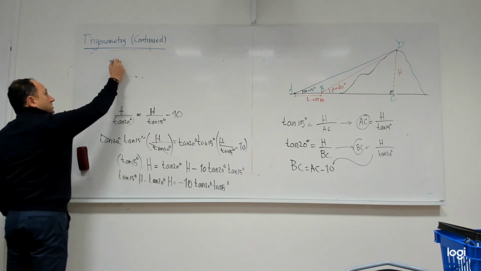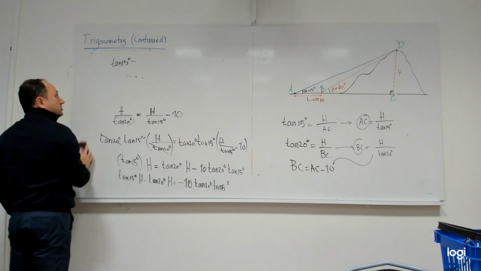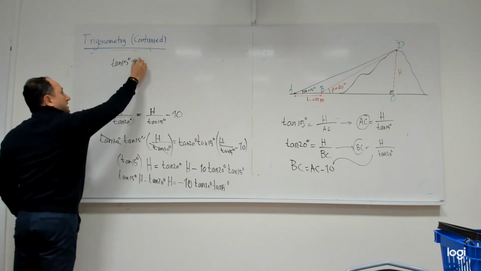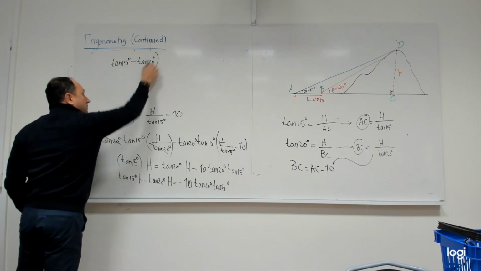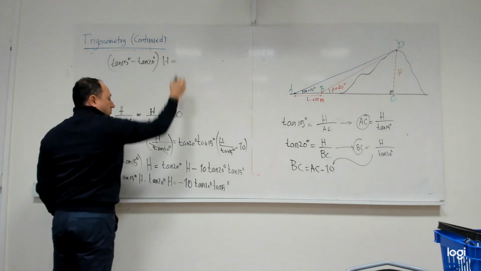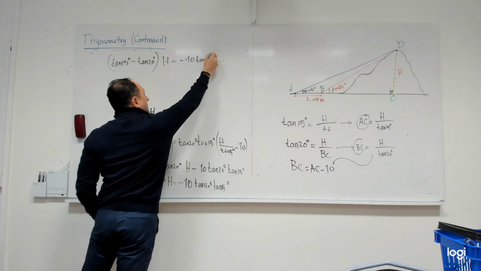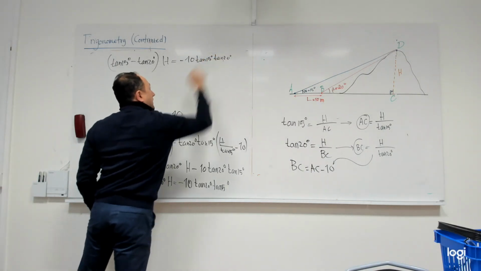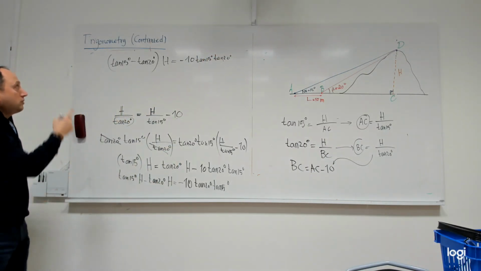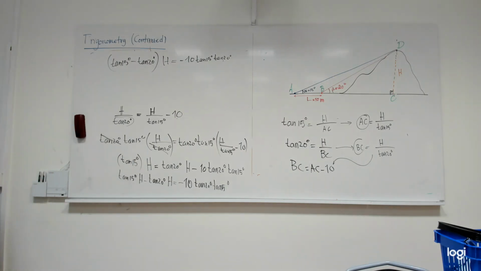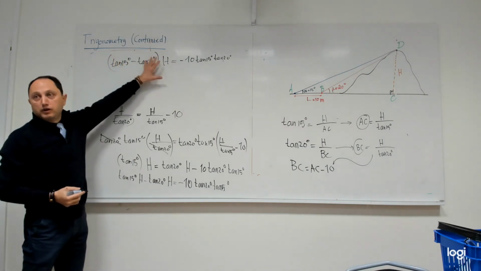So this becomes tangent of 15 degrees minus tangent of 20 degrees times h equals that number, minus 10 tangent of 15 tangent of 20. Yes? And then I want to make h alone. So what should I do? I have to divide by this number, whatever it is.